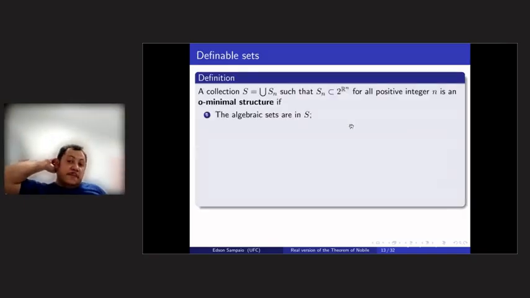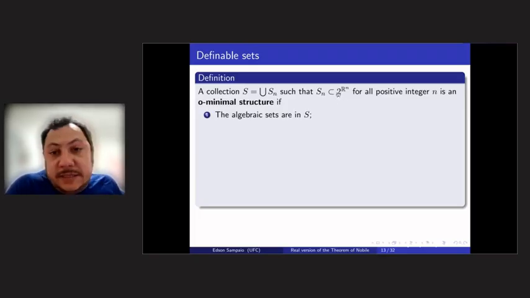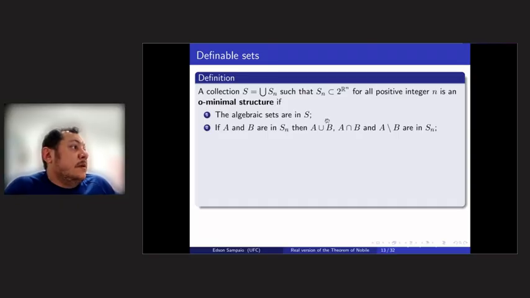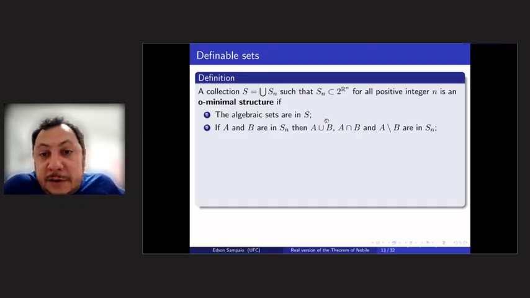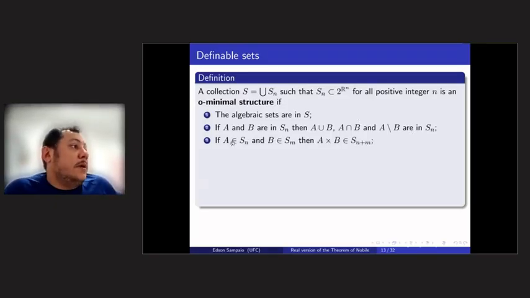Let me remind what an o-minimal structure means. For me, it is a collection of S_n. Each S_n is a subset of the power set of R^n, such that the algebraic sets are in S. It is a Boolean algebra, which means intersection, union, and complement of two sets are there. The Cartesian product of two sets is there as well.